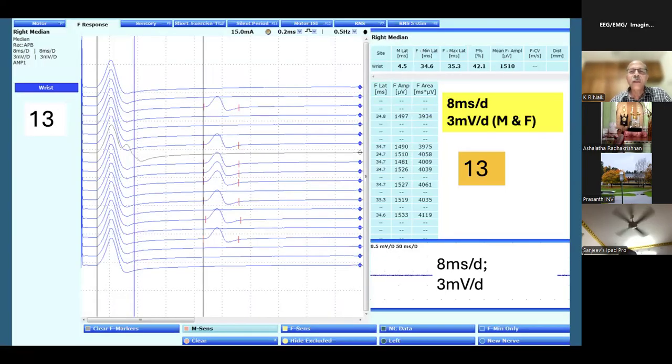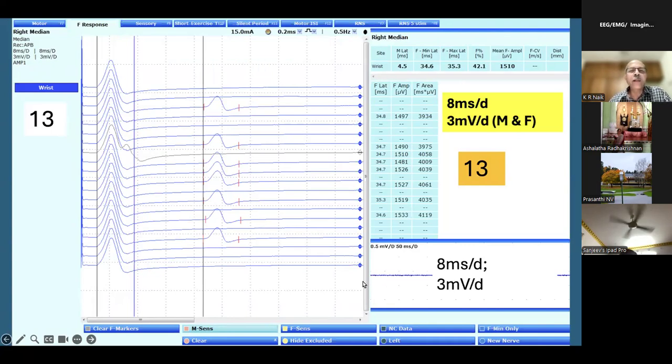Okay. We'll come to the conduction studies. I started with the F wave study. Last week, there was a lot of discussion regarding the F waves. We can see the sensitivity is mentioned here as 8 milliseconds per division, so from here to here is 80 milliseconds.